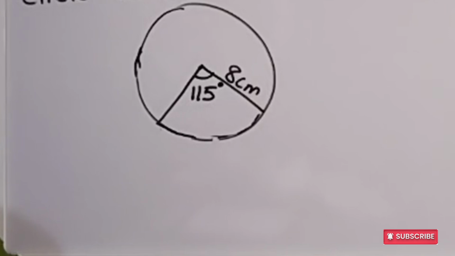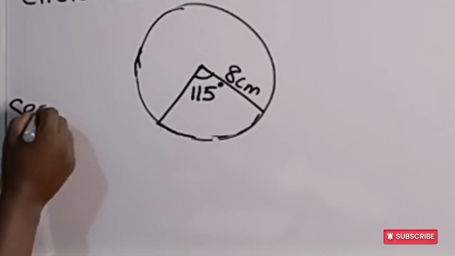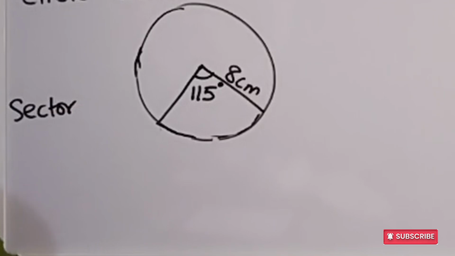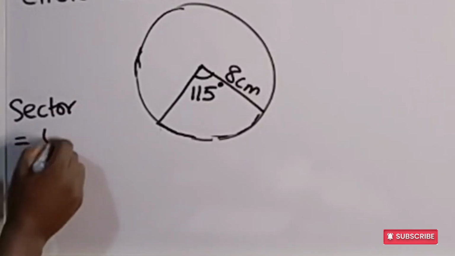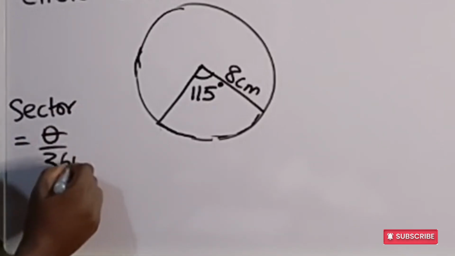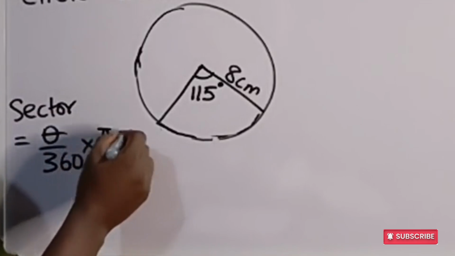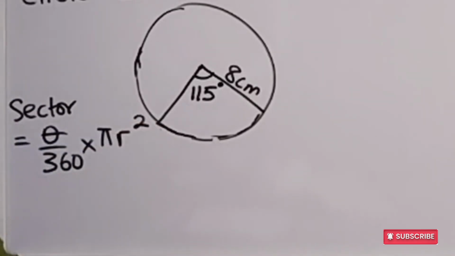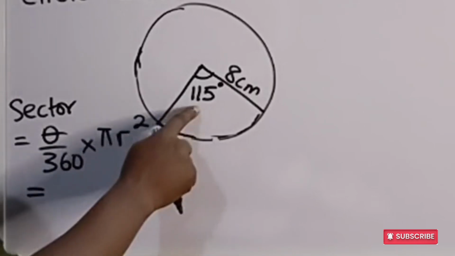Okay, so let's look at the sector. The formula for sector is equal to theta over 360 times pi r squared. So that's the formula. So we know that our theta is 115.